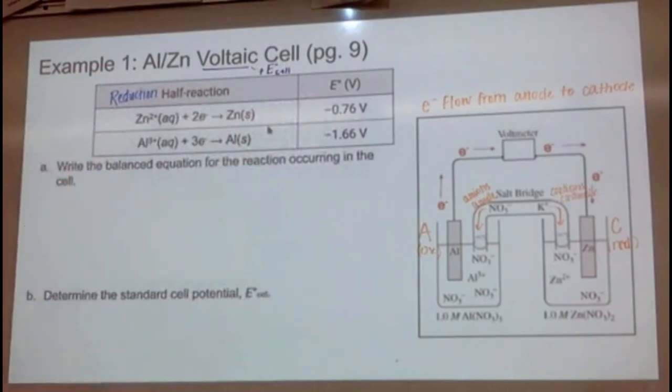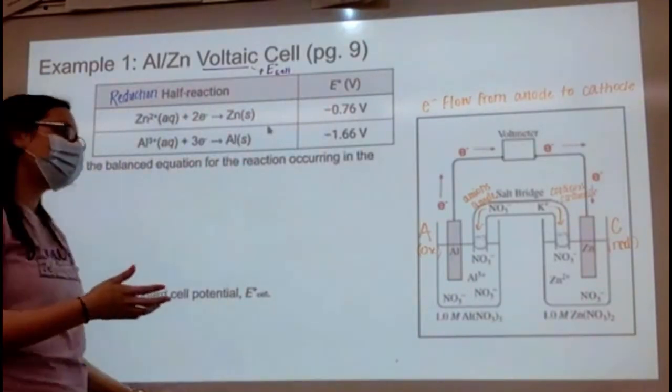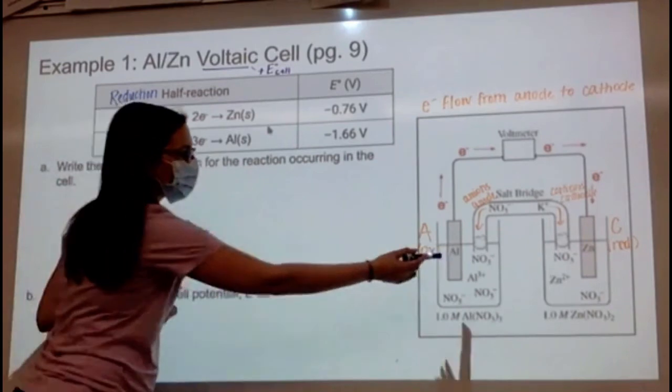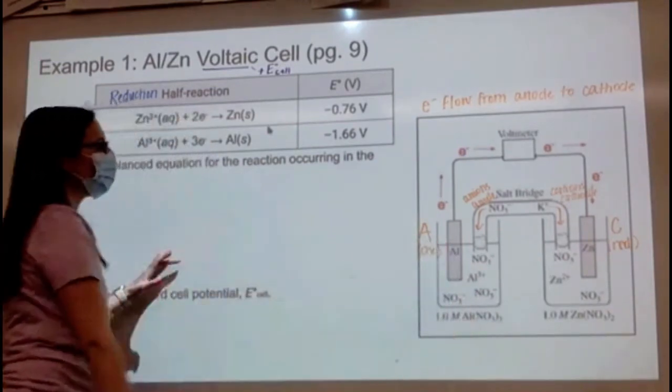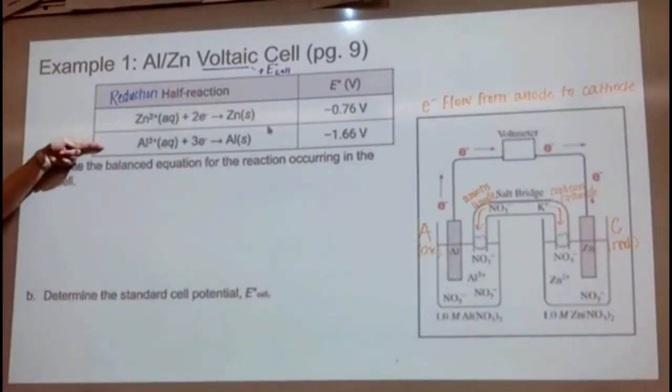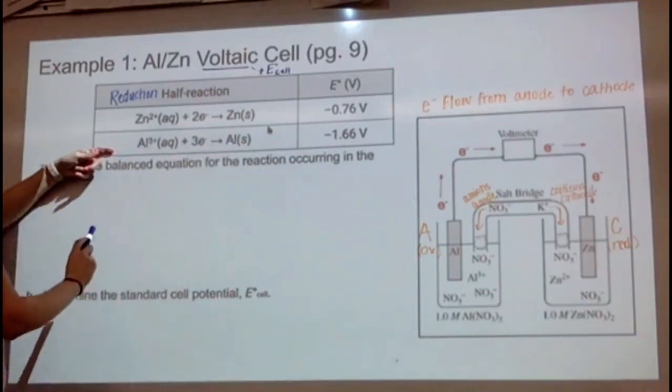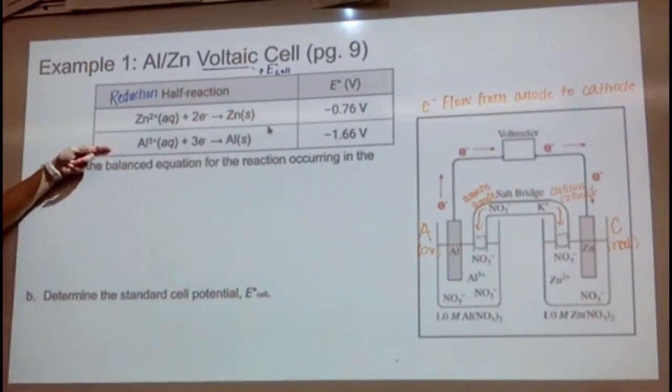So you're always given the reduction half reactions. But we know that one of these half cells is oxidation. So I know that the aluminum half cell is oxidation. Which means if this is my half reaction that deals with aluminum, this is showing reduction, Al3 plus going to Al. I want it to show oxidation.